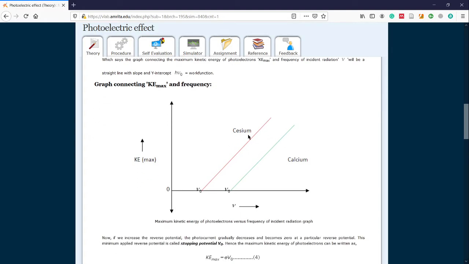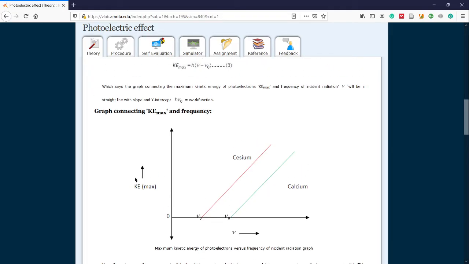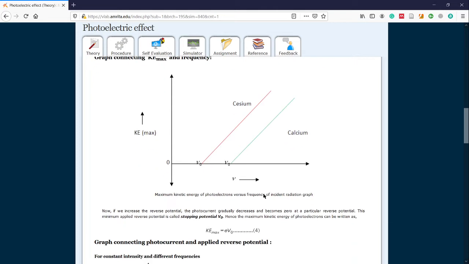For different materials, we will have a different Ke max corresponding to the frequency. Cesium has a different cutoff frequency, and so does calcium. Hence, we will have a different Ke max.